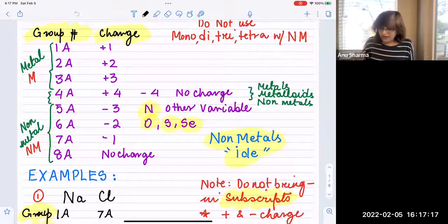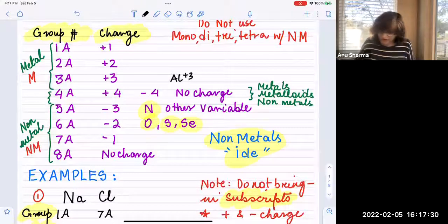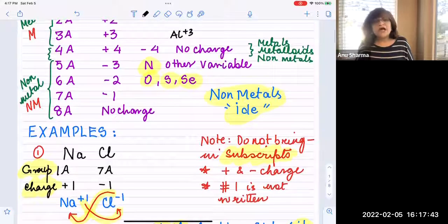So group 3A, we have aluminum, so let's just look at it here. This would be aluminum with +3 charge. And then group 4A, like I said, carbon has a capability, but the rest of them will form positive charges, with a negative charge for carbon. Carbon can form carbocation, carbon can form carbanion, that is in group 4A.